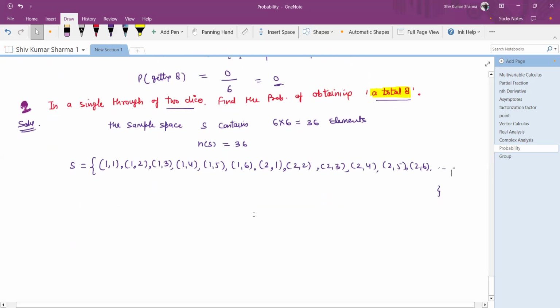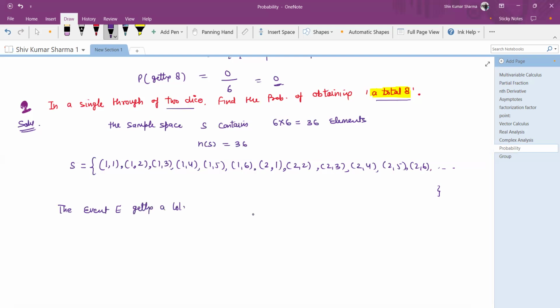Now the event. We write down the event E, getting a total 8. So how many elements are there in the 36 elements where, when we add the two elements, the total is 8.